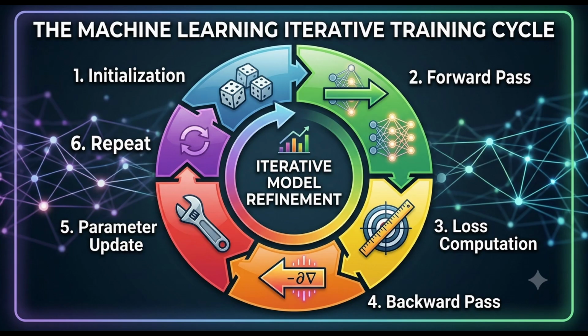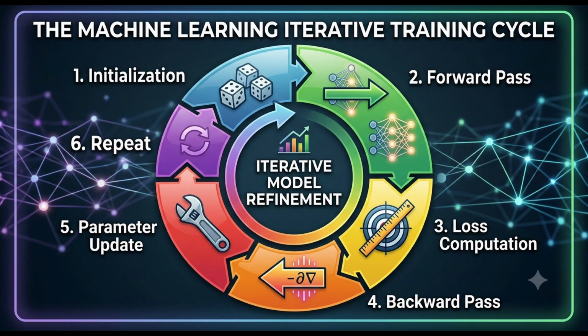Some simpler models, like basic regression or naive Bayes, can calculate their best parameters directly using a mathematical formula in one shot. But many models, especially logistic regression and virtually all deep learning models, learn iteratively through a repeating cycle. Let's walk through that cycle.